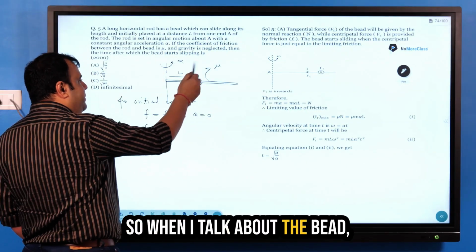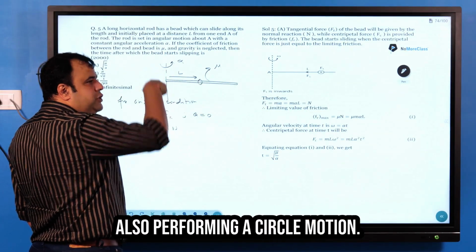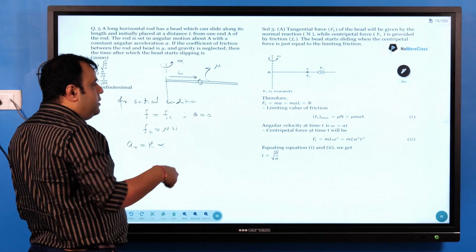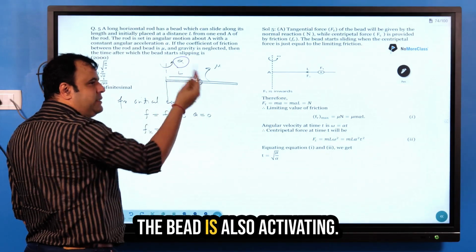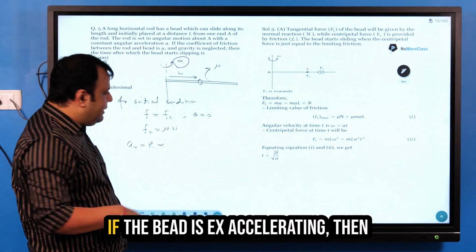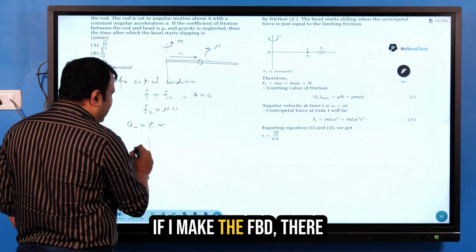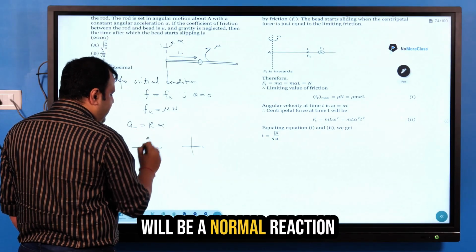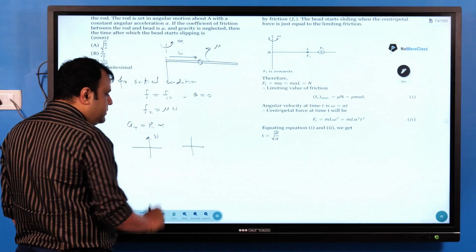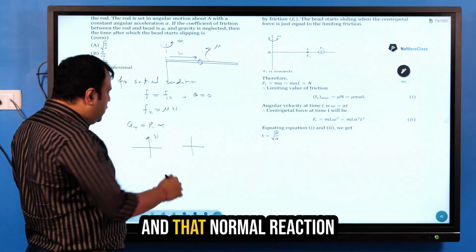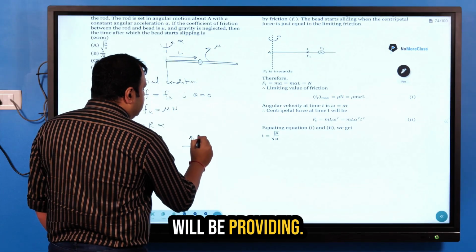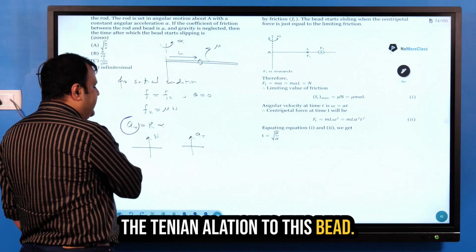So when I talk about the bead, if the rod is moving, the bead is also performing circular motion. If the rod is accelerating, the bead is also accelerating. If the bead is accelerating, then what is providing the acceleration to the bead? If I make the FBD, there will be a normal reaction, and that normal reaction will be providing the tangential acceleration to this bead.